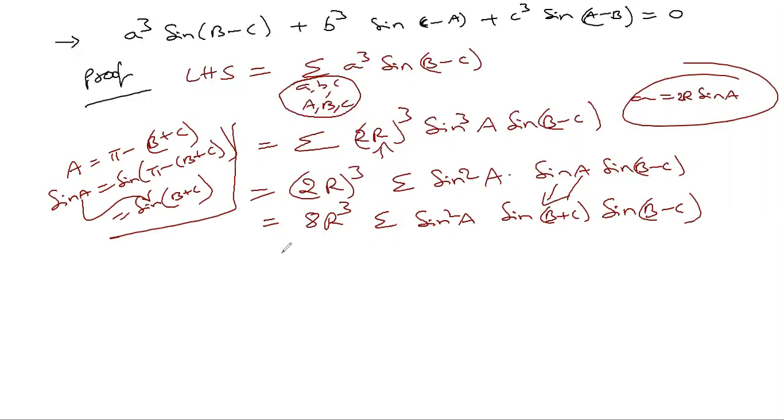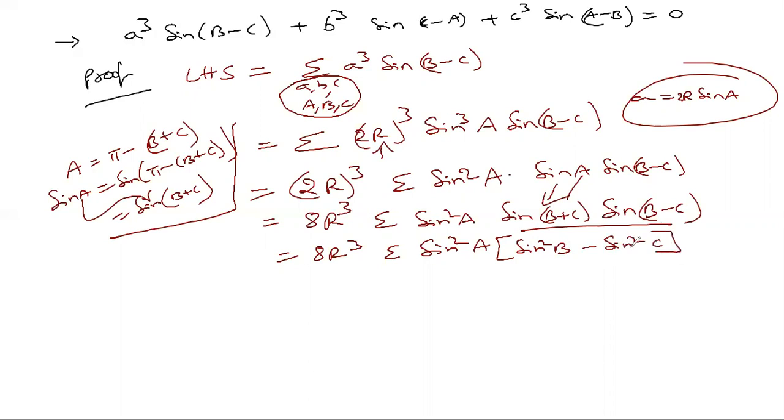You have to remember that 8R cube sigma sine square A. We know the formula for this. Already we have discussed this so many times. So it is sine square B minus sine square C clearly. So it is time to apply the sigma now. This is 8R cube.